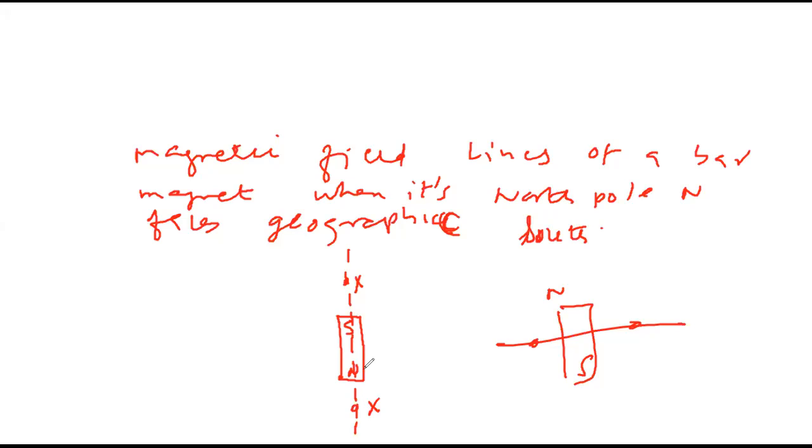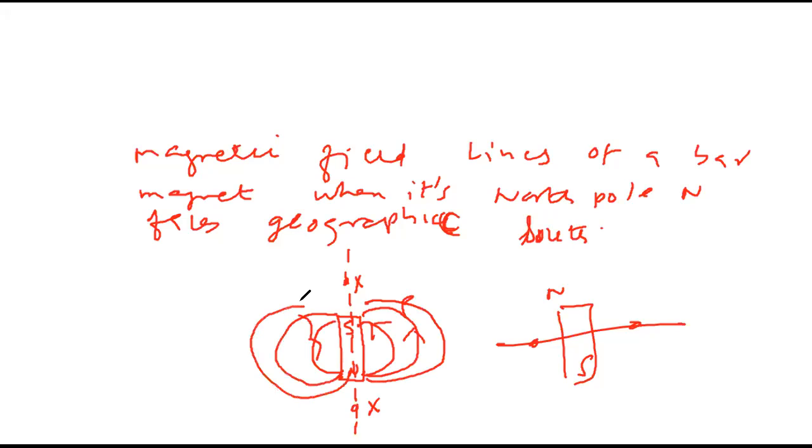So now from north it will start the field and it will go to south. From north it will start and go to the south. Draw many lines like this from both the side.